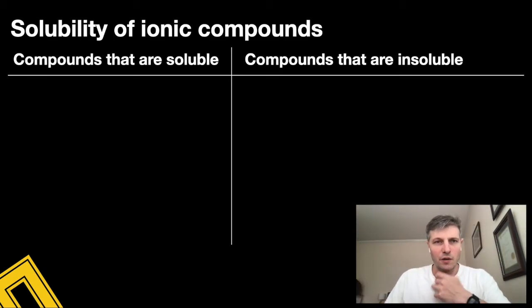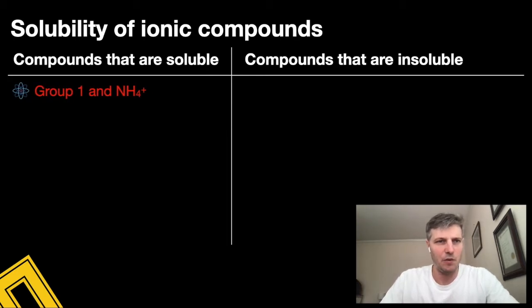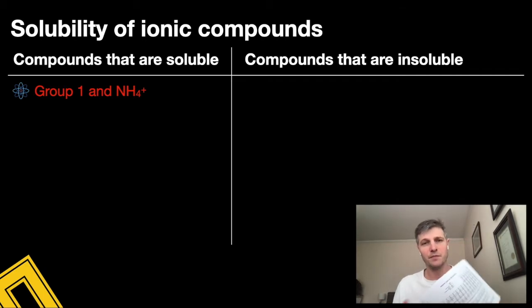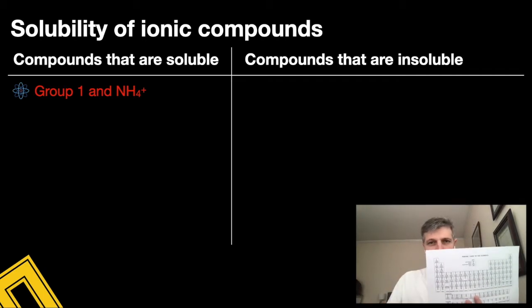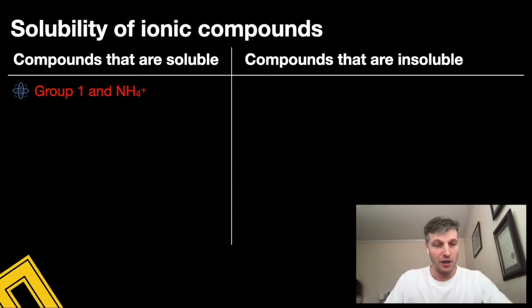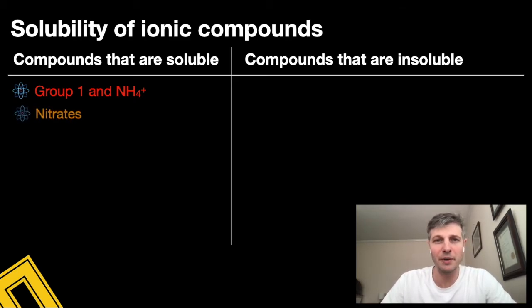First, compounds that are soluble, so they will dissolve, are group 1 and ammonium. Group 1 starts at hydrogen and goes down. So any ionic compound with lithium, sodium, potassium, or rubidium is going to be soluble, and ammonium too. If your compound has a nitrate in it, that's going to be soluble.